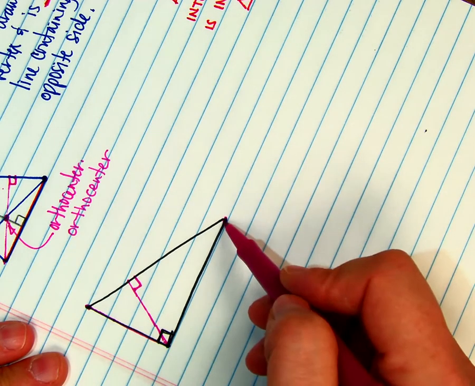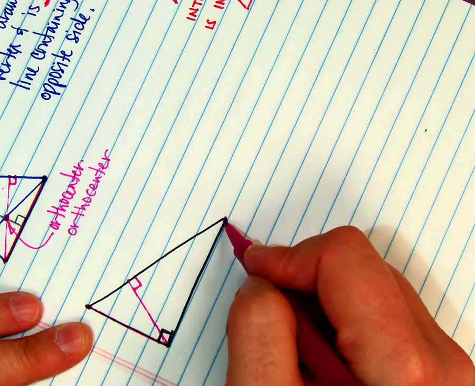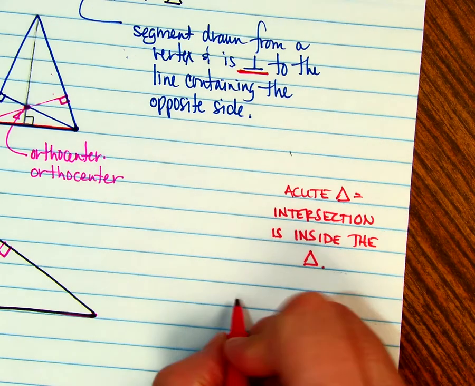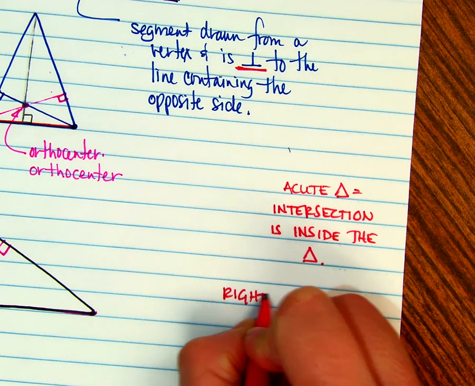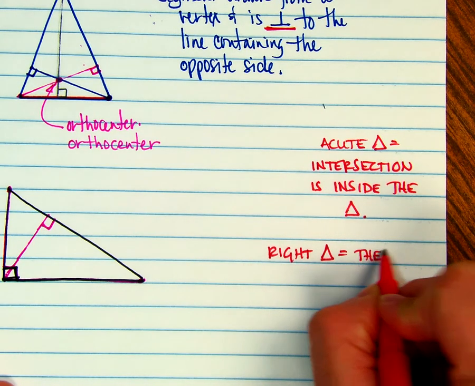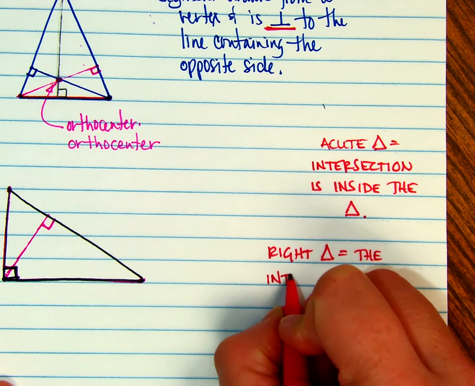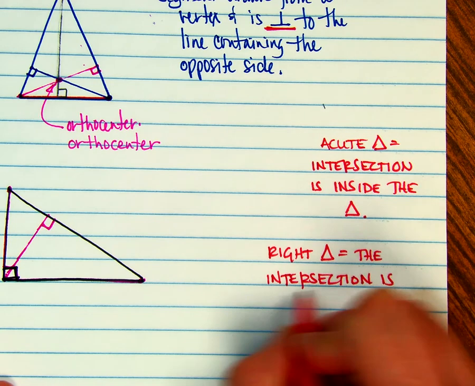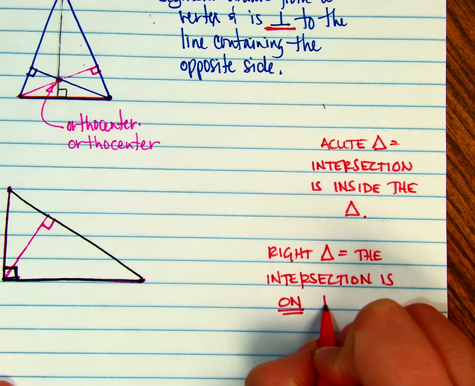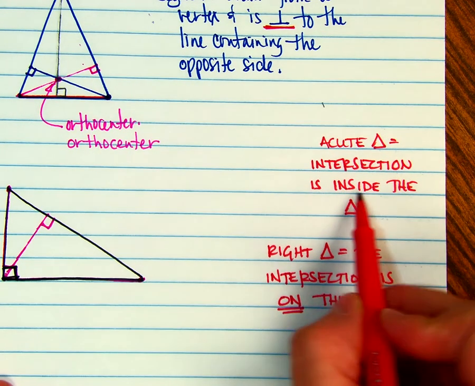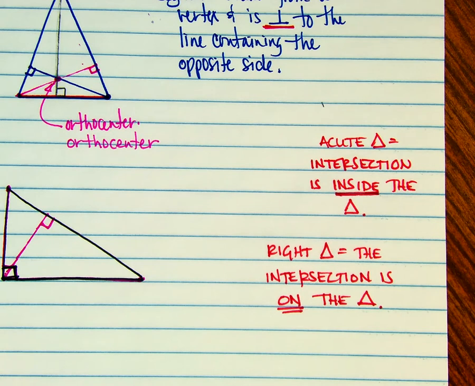I go from this vertex perpendicular to the opposite side. Again, there's already a right angle there. So in a right triangle, the intersection or the orthocenter is on the triangle. On the acutes, it is inside the triangle.